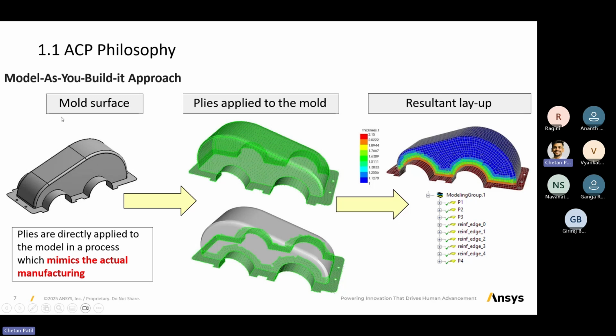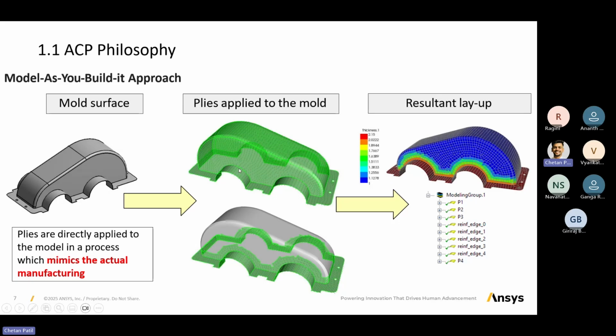Whatever mold surface you have, where you want to apply the composite, you need to create that surface at the initial stage. After that is created, you need to apply the plies on the model. That is usually the processing part itself. We'll see how this process is performed here.